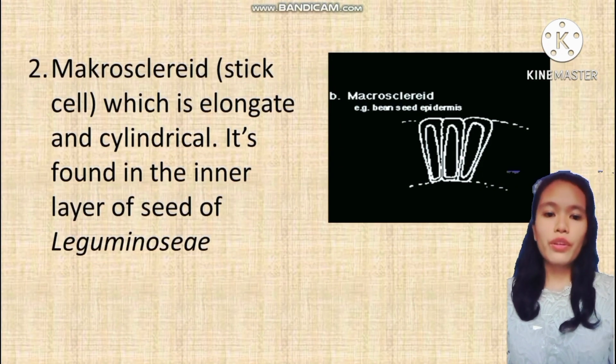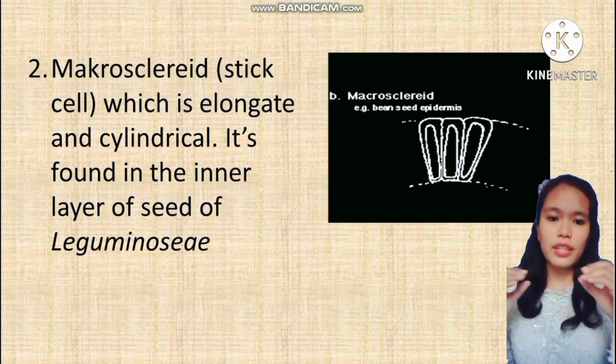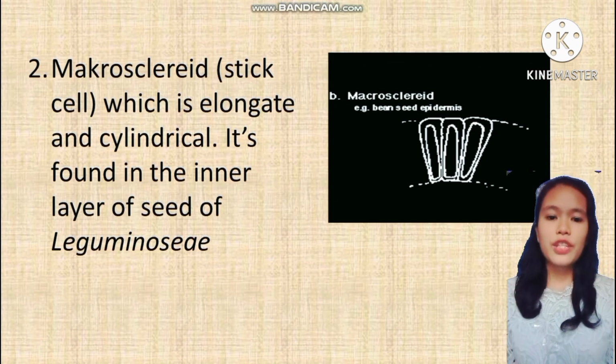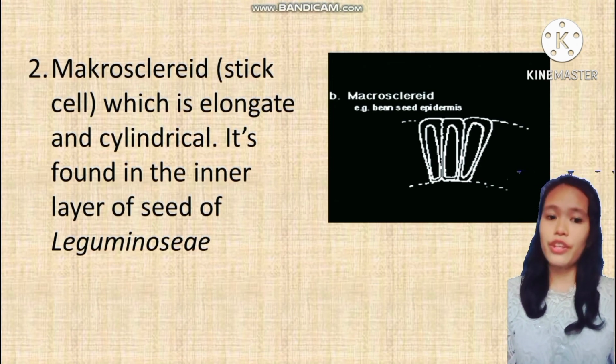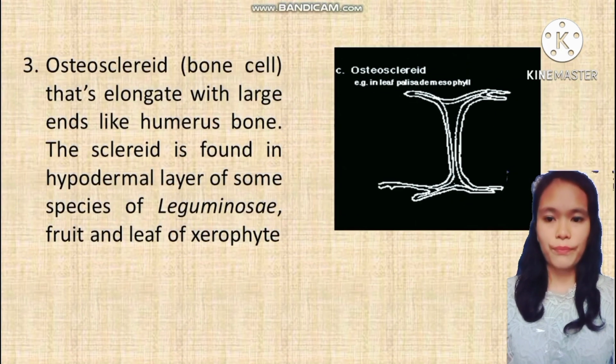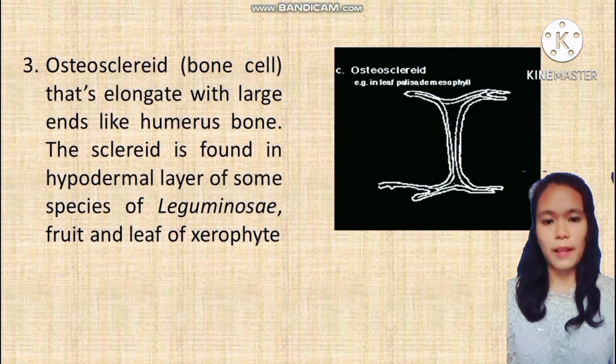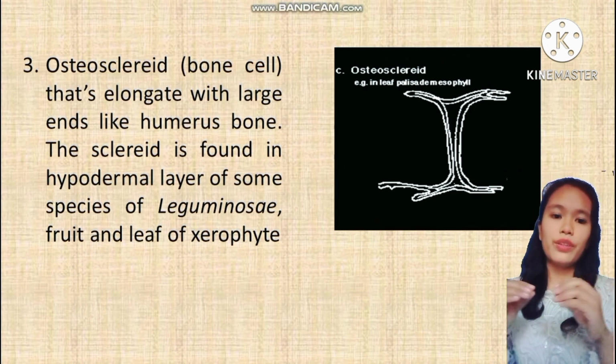Second, macrosclereid or stick cell, which is elongated and cylindrical. It is found in the inner layer of seed of Leguminosae. Third, osteosclereid or bone cell, which is elongated with large ends like a humerus bone.